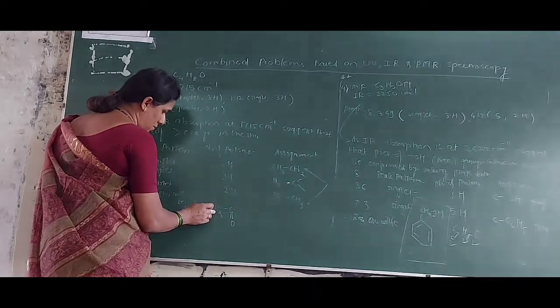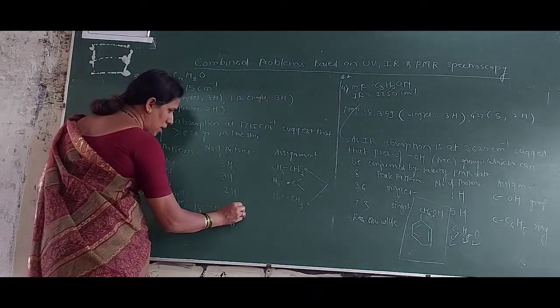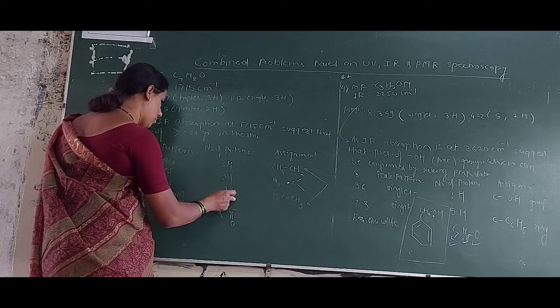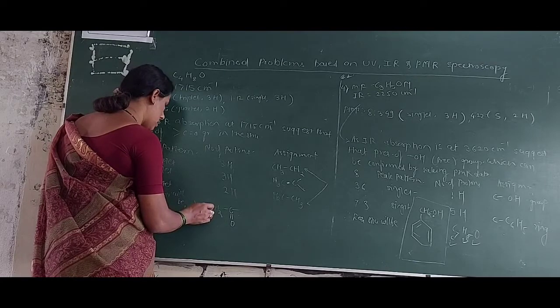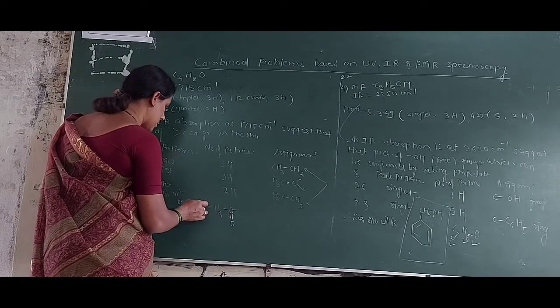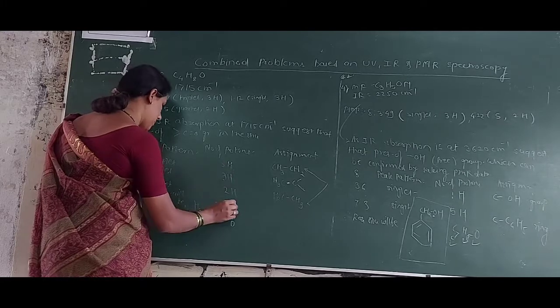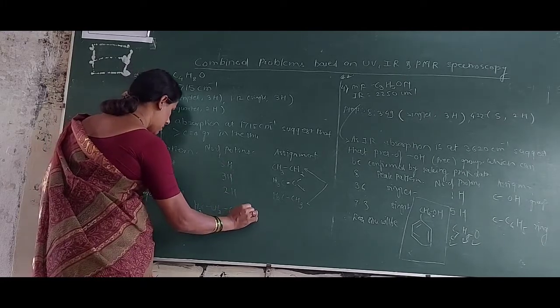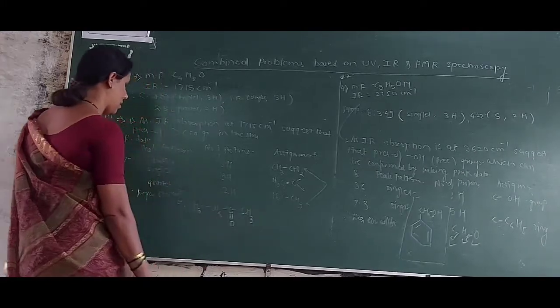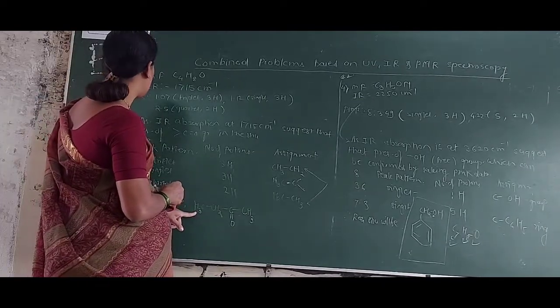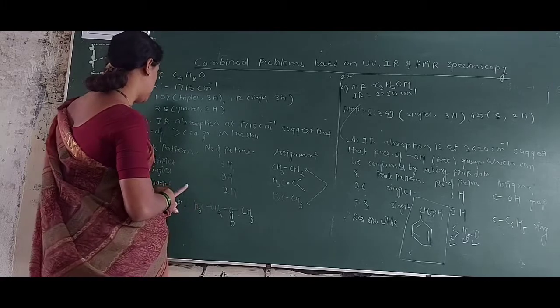And here how many groups are there? There are 4: CH3CO, the triplet CH3. Now, will this structure be the correct one?